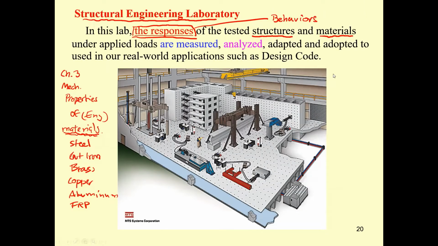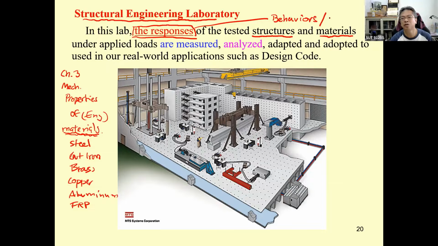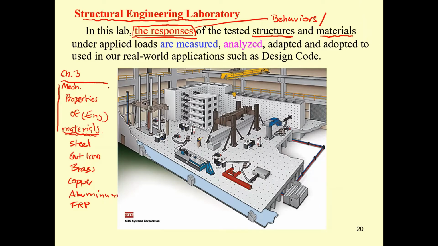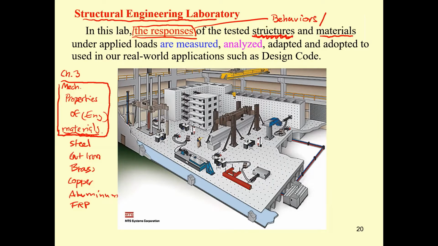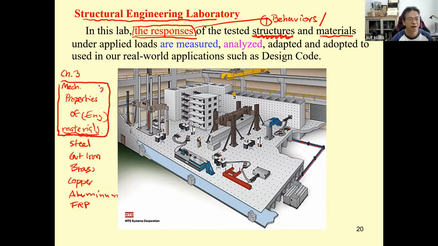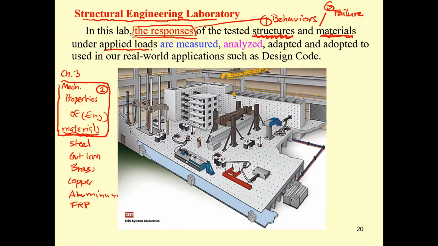Also we would like to know the mechanical property of the material and the mechanical property of the structure. That is the second one. This is the first one. This is the second one. And the third, usually we would like to know how the structure and how the material fail under applied load.